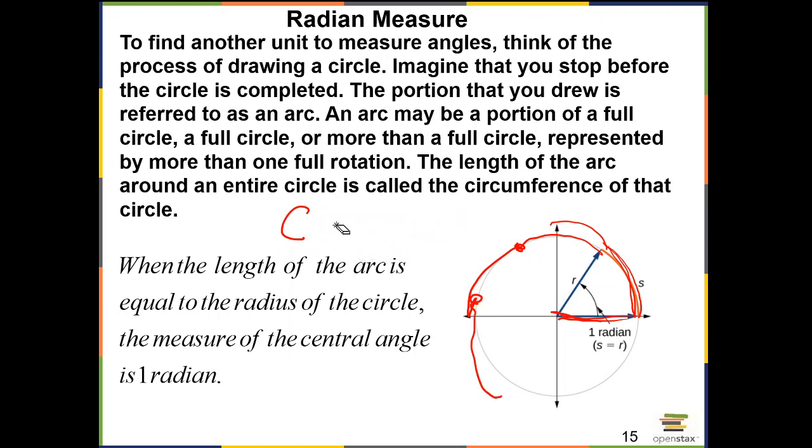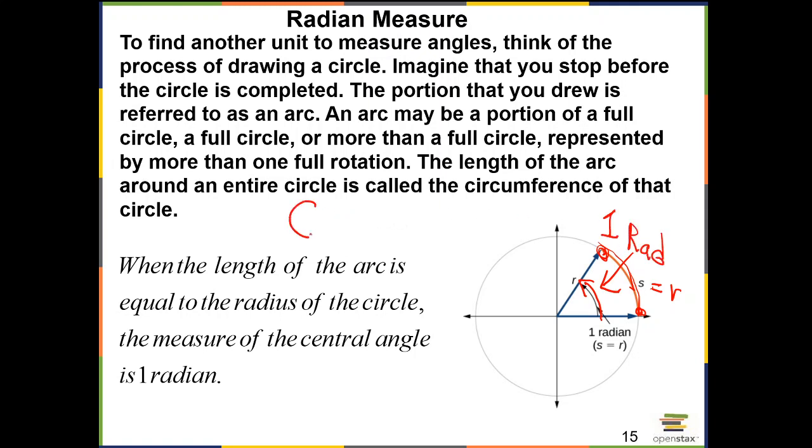If you do that, we can say that the angle we make here, such that the length of the arc from here to here equals the radius, if this equals r, we call that angle 1 radian.